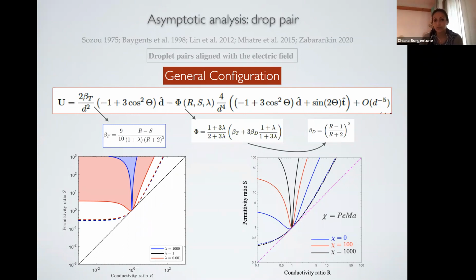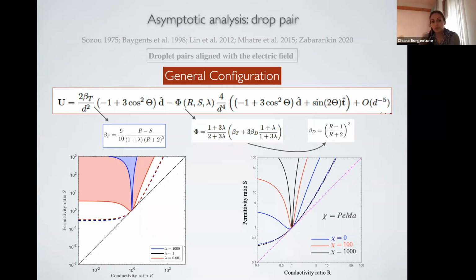And it was super useful because we could study how this relative velocity depends on the physical parameters, which are in this case R, S, and lambda, respectively the conductivity, the permittivity, and the viscosity ratios, and how this velocity depends on the distance between the drops and on the angle between the drops and the electric field.